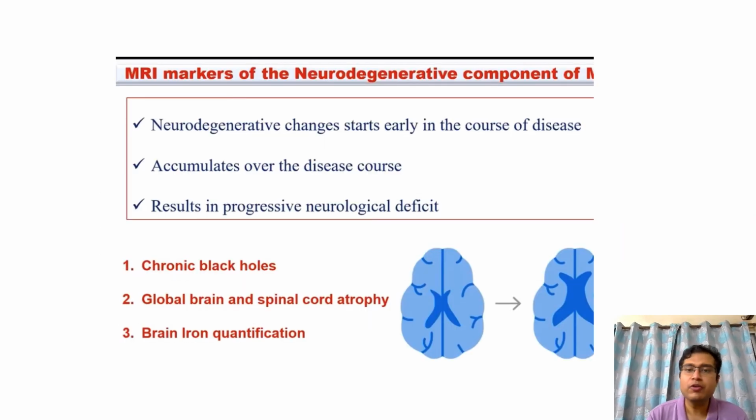On follow-up imaging, we also have to monitor the neurodegenerative component of multiple sclerosis, which can be assessed by the burden of the chronic black holes and the global brain and cord atrophy. Brain iron quantification has not yet come up because it is actually an AI developed software.